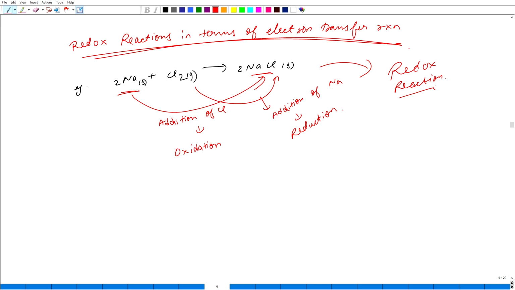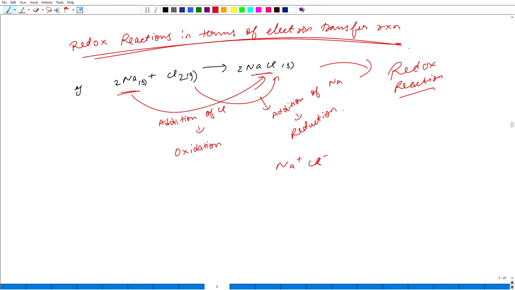But we all know that sodium chloride we can write as Na plus and Cl minus. We know this is how sodium chloride exists. Na is in plus 1 oxidation state, and Cl is minus 1.